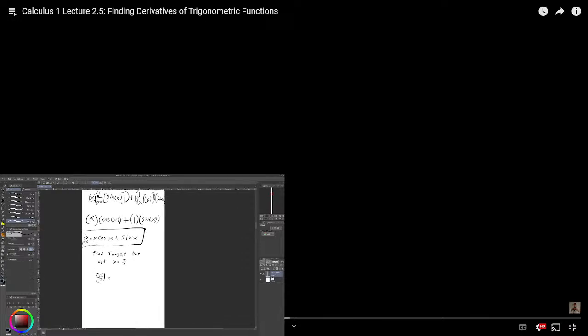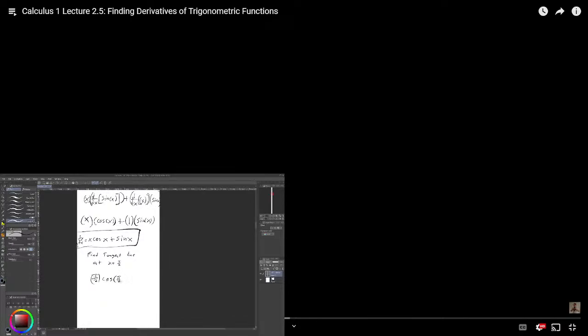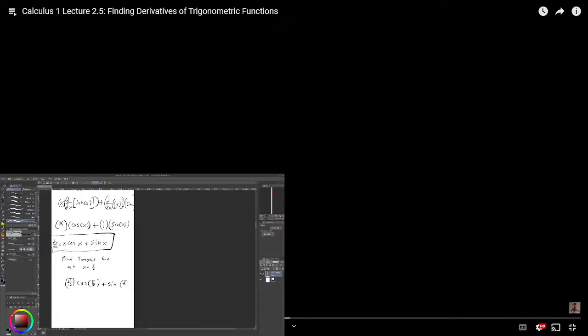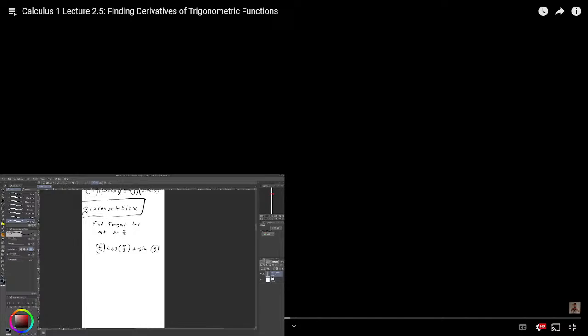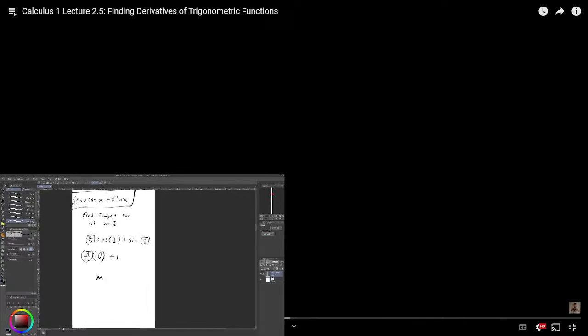Pi over 2 times cos pi over 2, plus sine pi over 2. So pi over 2 times, that's the x value, so 0, plus, that's the y value, so 1. So the slope of the tangent line is 1.